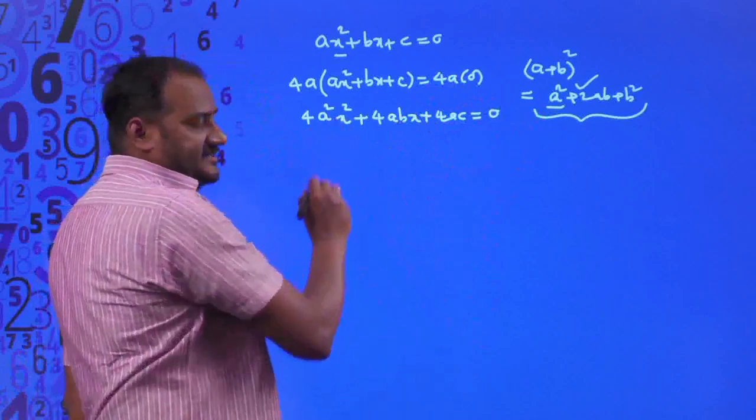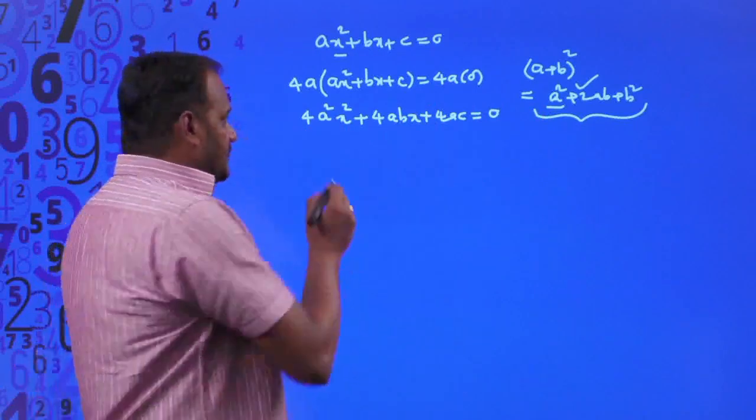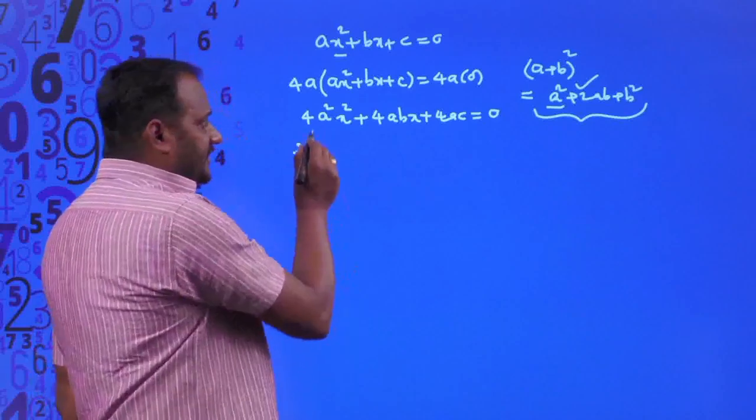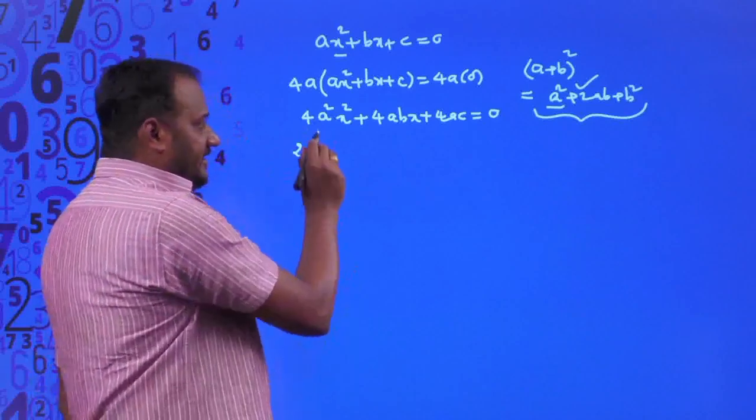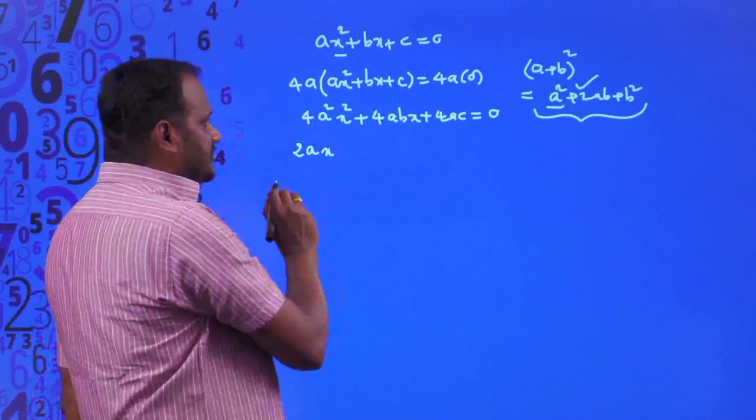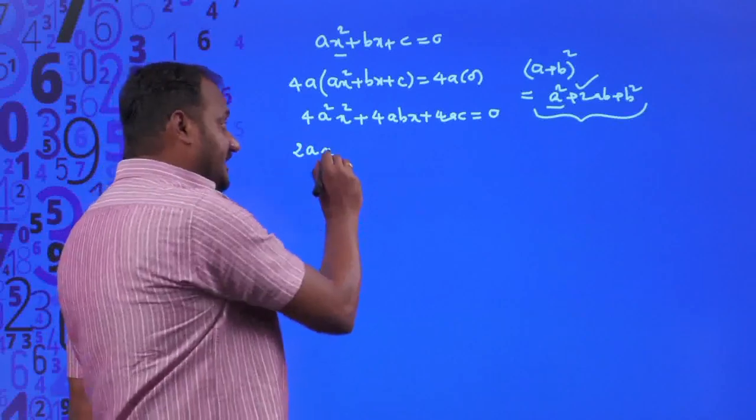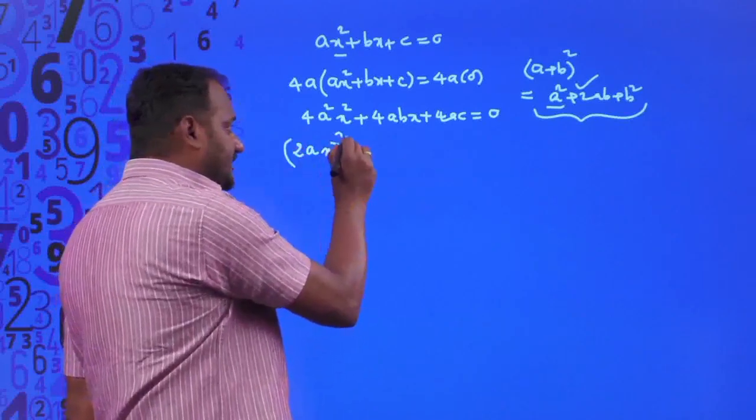Right? Now let us start converting this into the form of a square plus 2ab plus b square. Writing this 4a square x square as a complete square number, 4 is 2 square, a square is a whole square, x square is x whole square, so you can write 4a square x square as 2ax whole square.